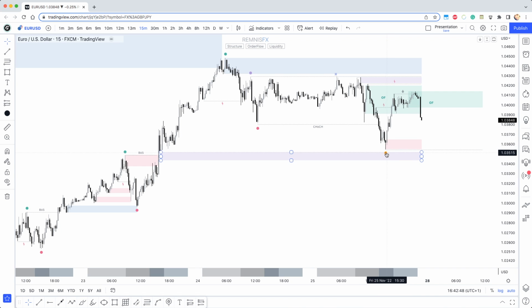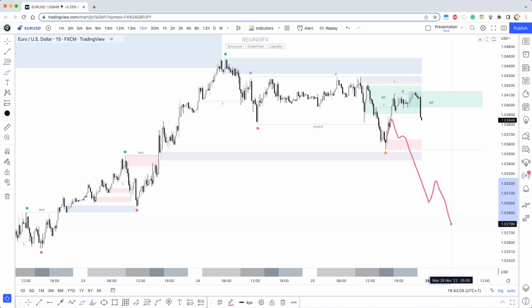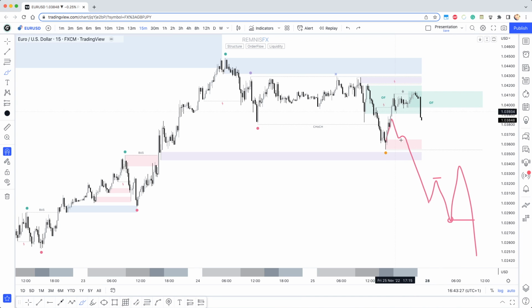Before that, this was not your low, because price may have, instead of taking the inducement out, gone like this, and then boom, it may continue further down and then eventually create some inducement and then take it out and then continue further down, something like that. And then this would be your valid low, but also a break of structure if price breaks and closes below this area, right? Okay, because that didn't happen so far.